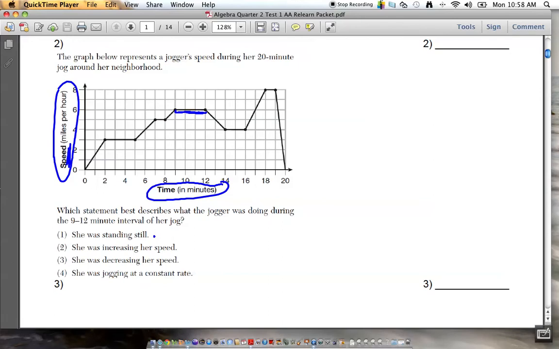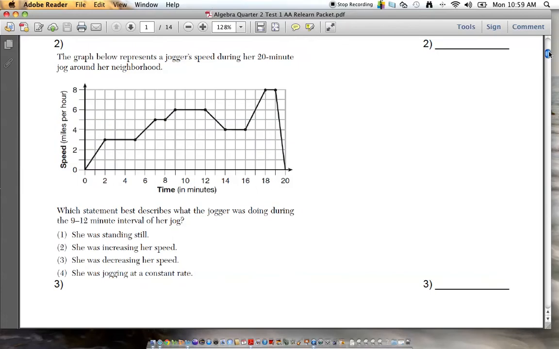See, if this was distance, then yes, she would be standing still because her distance is not increasing nor is it decreasing in this interval from 9 to 12 minutes. But it's not distance, it's speed. Since it's speed, it means she's maintaining a steady speed of 6 miles per hour. So that's choice 4. Staying at a constant rate.